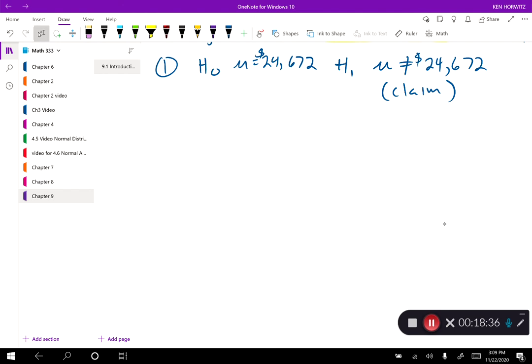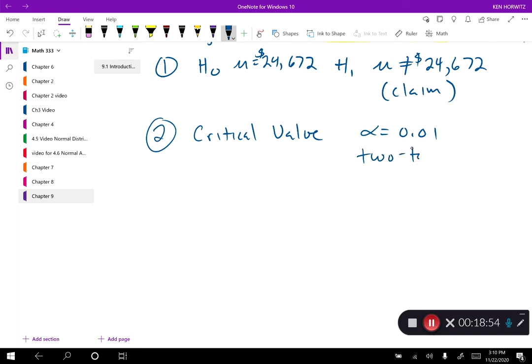So the next thing we need is our critical value. And for our critical value, we need our alpha, which is 0.01. And now because we just have not equal to, we have a two-tailed test.